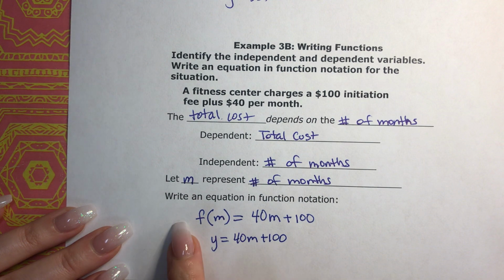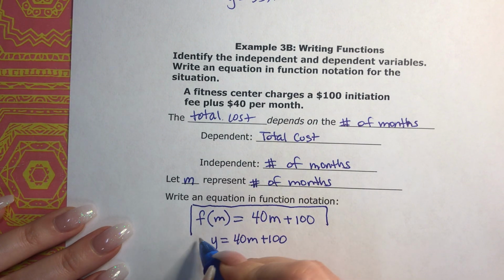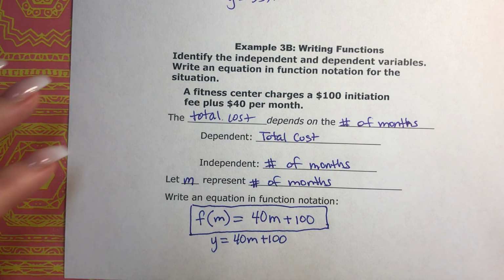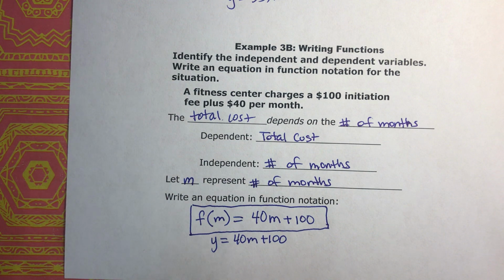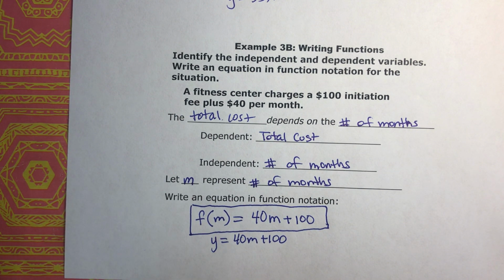This would be the equation. This is function notation, which is what they're asking. They are both the same thing. It's just two different ways of writing it. And when we get into chapter 4, we're in chapter 3 now, you'll really start to understand why function notation exists.